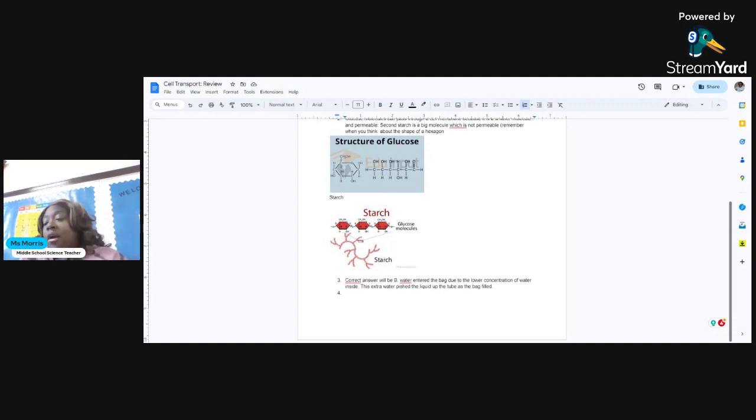All right, number 4. A process that will result in the movement of these molecules out of the cell requires the use of the mitochondria. All right, and we have to recall the function of the mitochondria. Here we go.